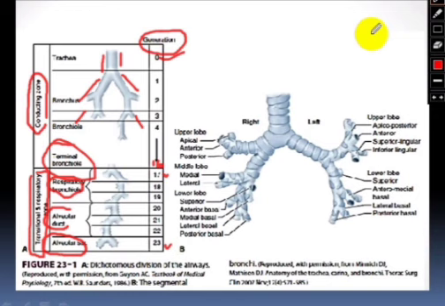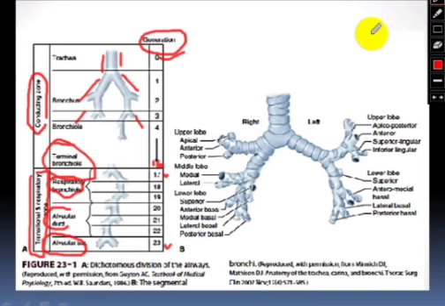It divides into two branches, that is the right and the left bronchi. These two branches will further divide into tiny branches to form what?